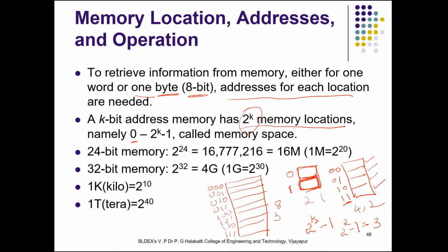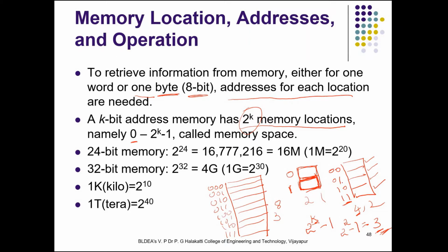So I was telling, if it has 2 raised to k memory locations, then the last memory location number will be 3. Like you can see here, k is 2 bits, the number of bits in the memory address is 2. So 2 raised to 2 locations will be there, that is 4 locations, and the last location address will be 2 raised to 2 minus 1.